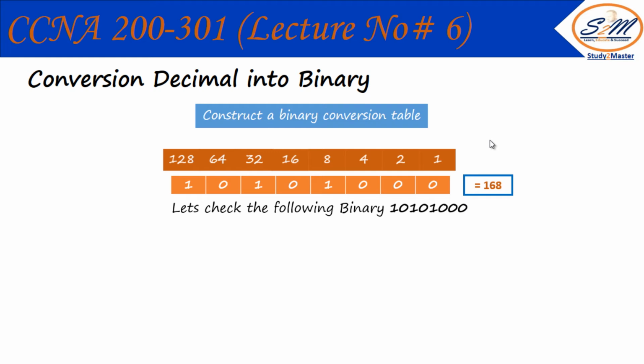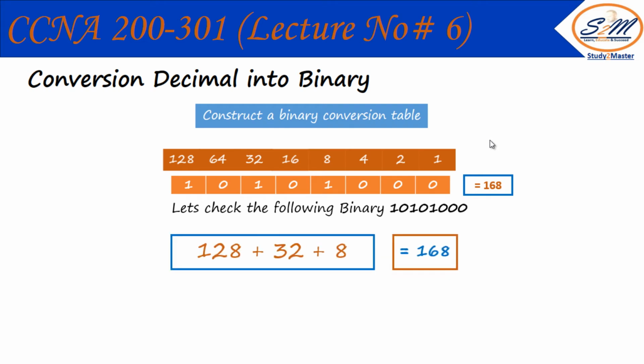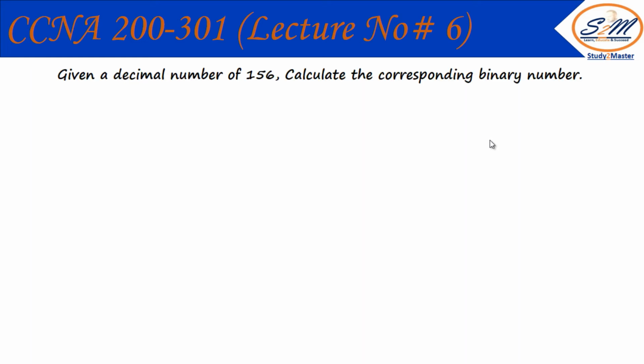In the 64 position we have 0, in 32 we have 1, in 16 we have 0, in 8 we have 1, and the rest are 0. We just add 128 plus 32 plus 8, which is equal to 168.